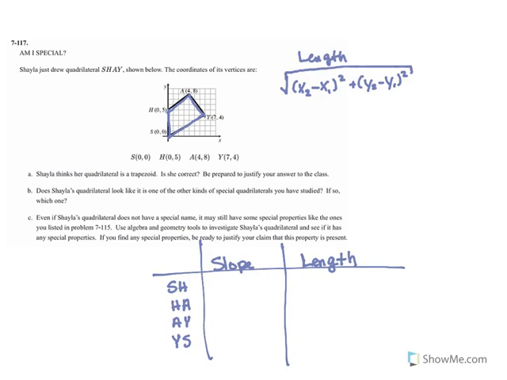Okay, so here are my answers that I got. I got the slope of HA is 3/4. Whoops, that's not HA. The slope of SH is actually undefined.